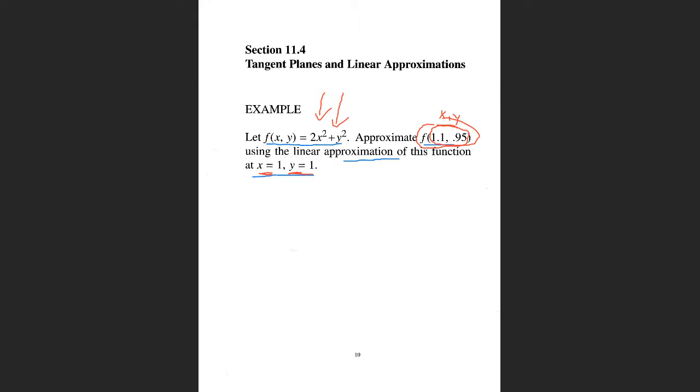Even a computer has to do flops to do math operations, right? So you want to have your approximating function be at nice values, and 1, 1 are the closest nice values to the coordinate 1.1 and 0.95.